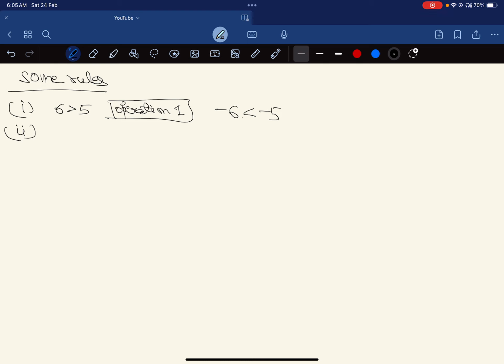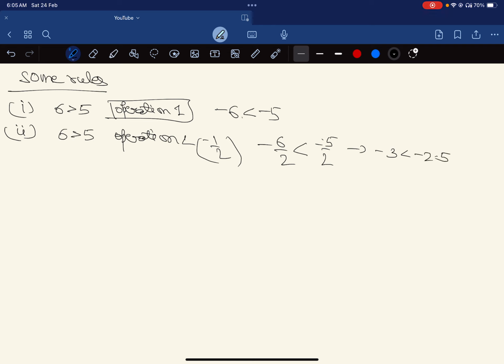Second, if we divide 6 greater than 5 by, let's say, operation 2, divide by minus 1 by 2, then we'll get 6 by 2 and the sign will change according to the rule we just studied: minus 5 by 2. Minus 3 is less than minus 2.5.